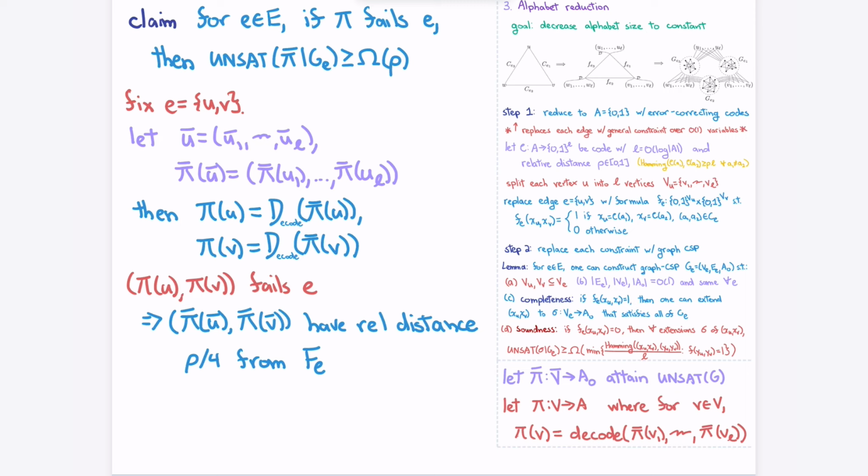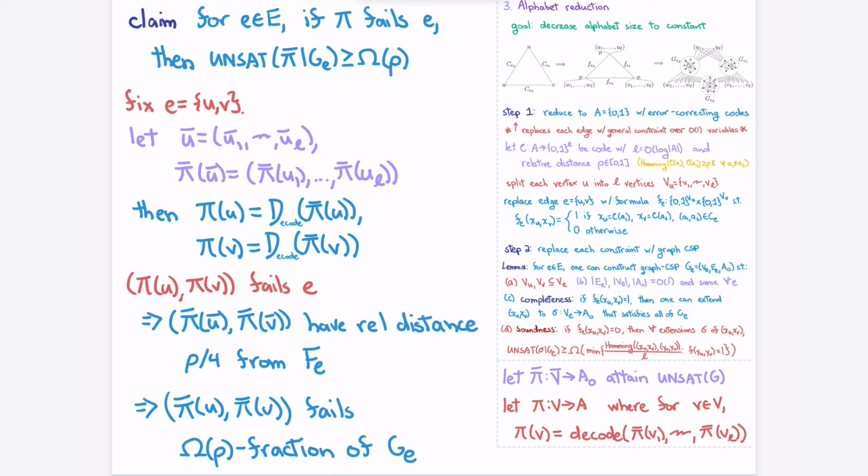And so if those bit strings are very far from anything that corresponds to good letters, then our black box ensured that you're going to fail some proportional fraction of the constraints in that auxiliary graph CSP.